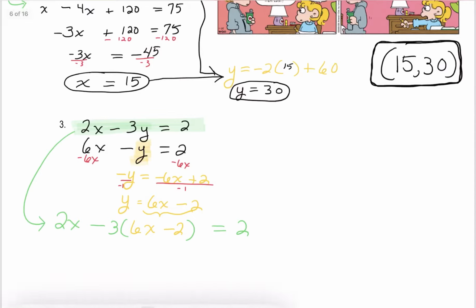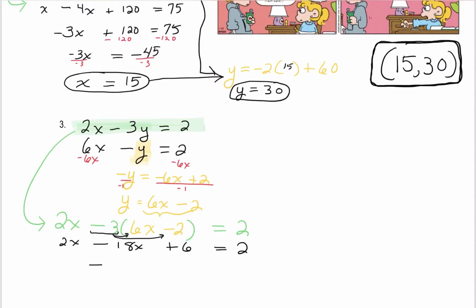If you can get there, you'll be fine, because then it sort of just calls out to you to solve for x. So we would distribute through, be careful here, make sure you're distributing through the entire -3. So we would have the minus 18x, and multiplying the two negatives, the plus 6.